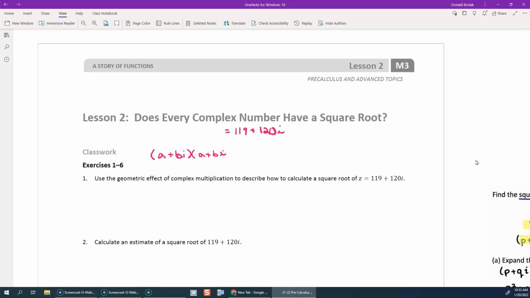The square root of 119 plus 120i, and then this is the same thing, the square root of 119 plus 120i. Instead of writing that, I'm going to say, let these be represented by the complex number a plus bi.